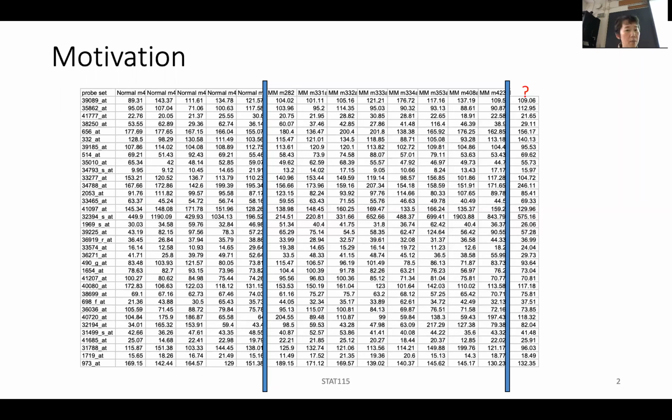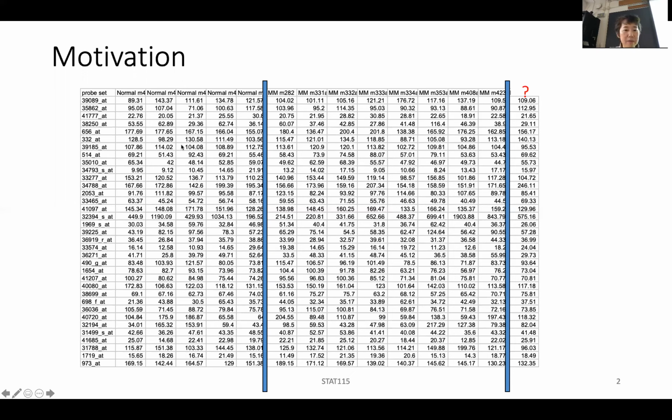You collect the normal tissues, you collect the disease tissues, you do RNA-seq analysis, look at the expression. We are interested in what genes are different between the normal and disease, but also sometimes you might have a new sample coming in and you want to do a diagnosis to decide whether this new individual is normal or is the diseased sample. And so that's kind of a classification question.